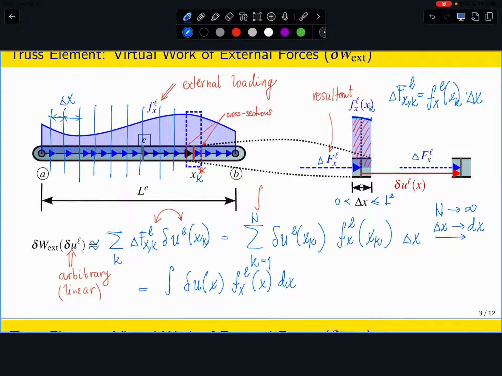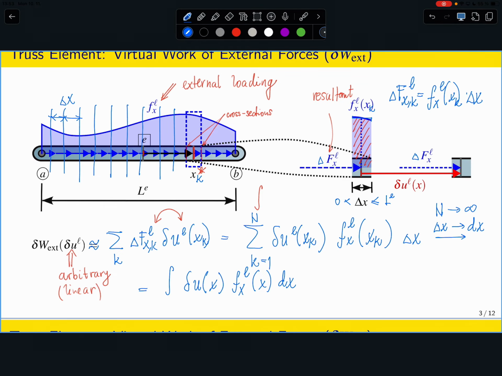But in order to make sure that I have incorporated the whole structure, I need to check all admissible values of x in this integration, if I assume that this n goes to infinity. So what is the lower bound on which I will integrate here? When I'm supposed to start, this is the origin of my coordinate system.